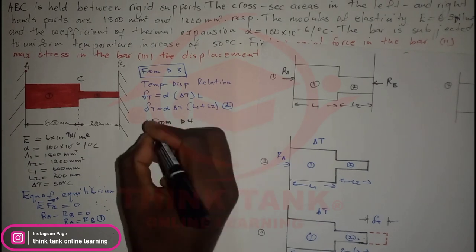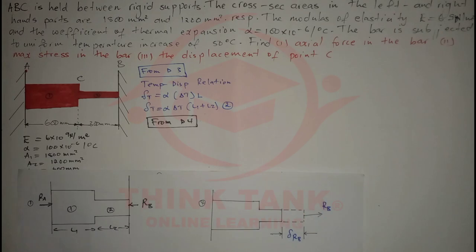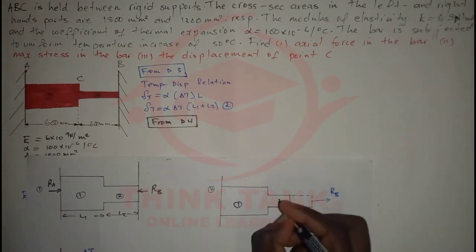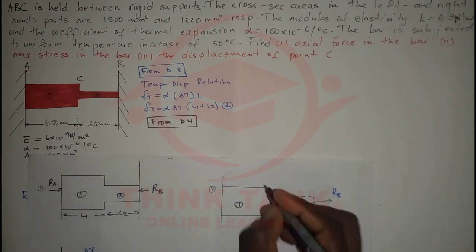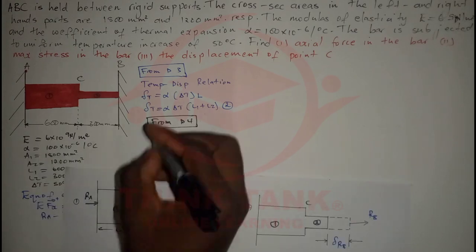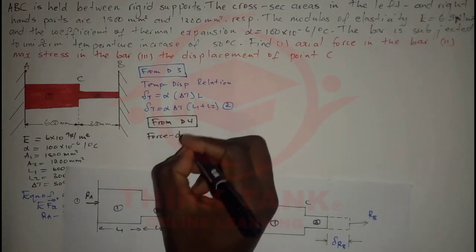From D4, so this is for the diagram that we have said. This one's 2 part 1, this one's 2 part 2, and here we have C. Okay, so on C we have another relationship, that we have the force. Let me just write the force displacement relation.